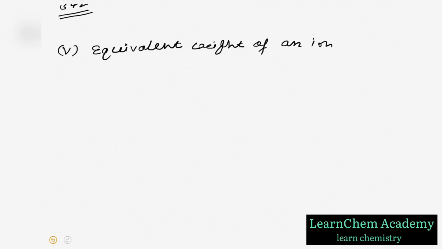Now if we are going to calculate equivalent weight of an ion, it may be cation, it may be anion. So fifth point is equivalent weight of an ion.